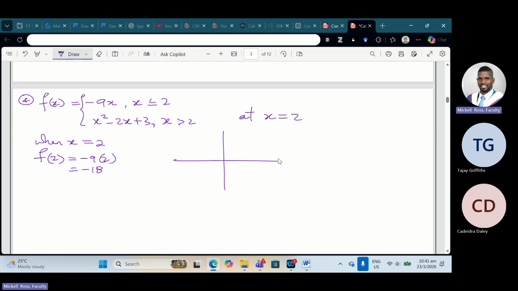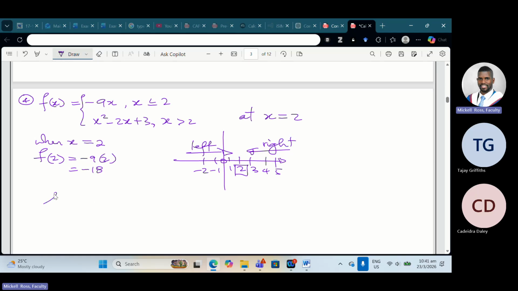So remember, 1, 2, 3, 4. We can approach 2 from the left side or the right side.